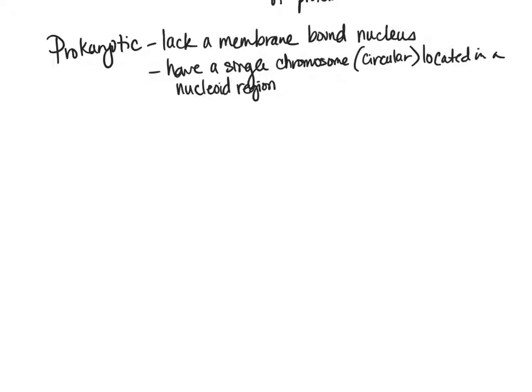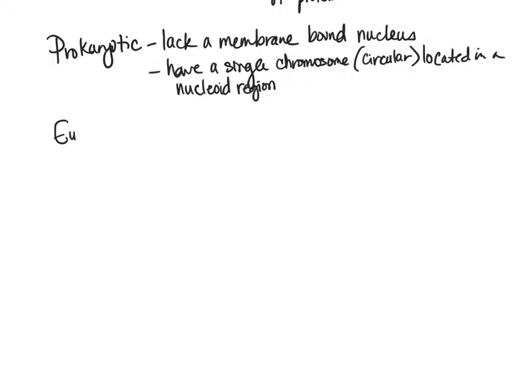So again, it doesn't have anything containing it, keeping it within something like the plasma membrane. So it can float around the cell, but it all sticks around itself, is curled and twisted, similar to our eukaryotic cell chromosomes, and they stay in a region called the nucleoid region.